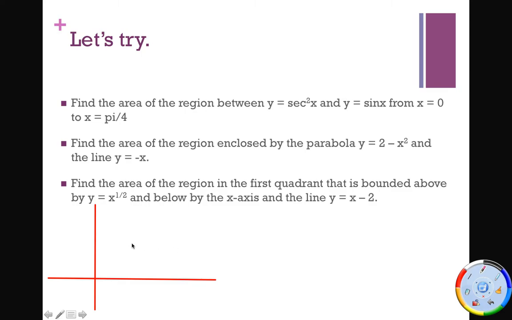I really hope you do remember what x to the half power actually is. It's the square root of x. And the square root of x looks like this. The x-axis looks like this, obviously. And if I change colors here for the line y equals x minus 2, I'd be down here at negative 2, and it comes up here like so.